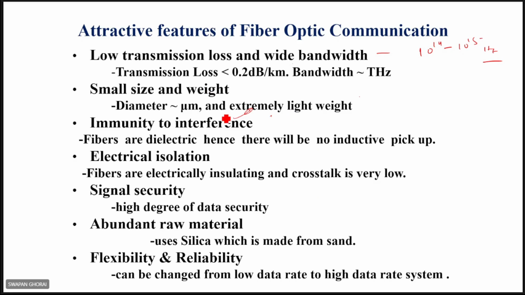It is thinner than a hair in diameter, whereas conventional cables are quite large compared to this. The cladding will be 120 microns, and surrounding this there will be another jacket.